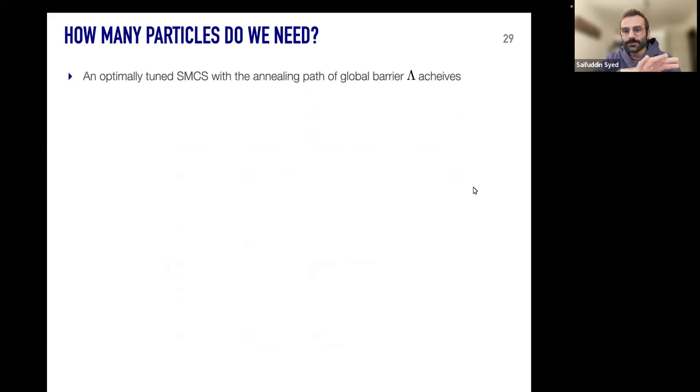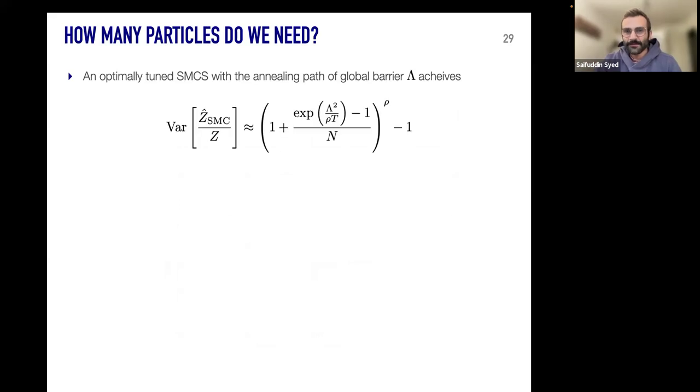So assuming for now that we have an optimal schedule and we have n particles with rho perfectly timed resampling events, then we can plug the approximation that we had earlier into our variance formula, and you end up getting that it's approximately equal to 1 plus the exponential of lambda squared divided by rho times (T minus 1) over n to the power rho, minus 1.